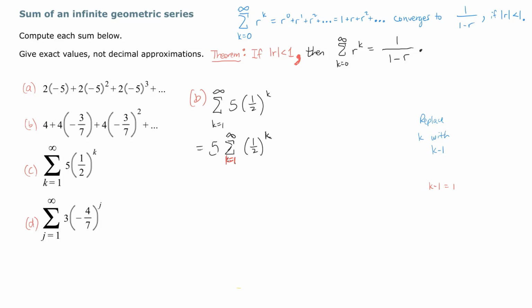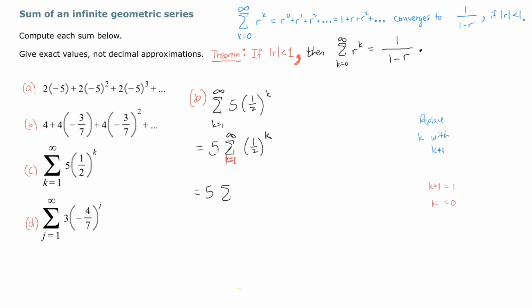Don't replace k with k minus 1. I meant to say replace k with k plus 1. Then this equation over here, if you replace k with k plus 1, we get k plus 1 is equal to 1. And if you solve for k, we now start at k equals 0. All right, we got it.